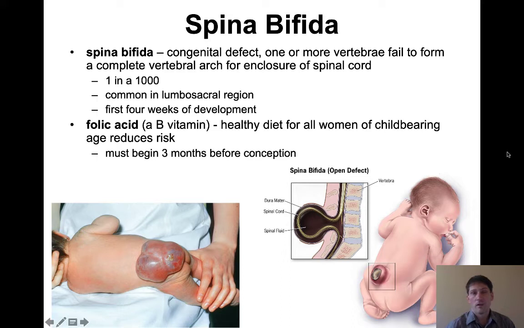So this is where family planning is really important. And so if you're actively having intercourse with a partner and you're not using protection, or you're actively trying, you should be taking folic acid supplements just to ensure that you have a really high amount of B vitamin in your diet, so that will help prevent any spina bifida issues.